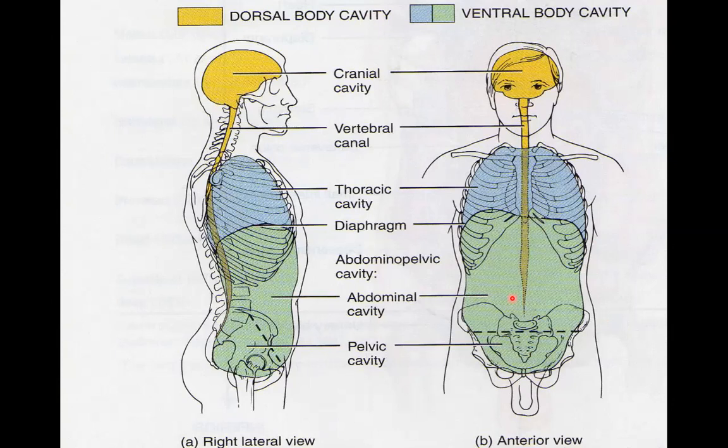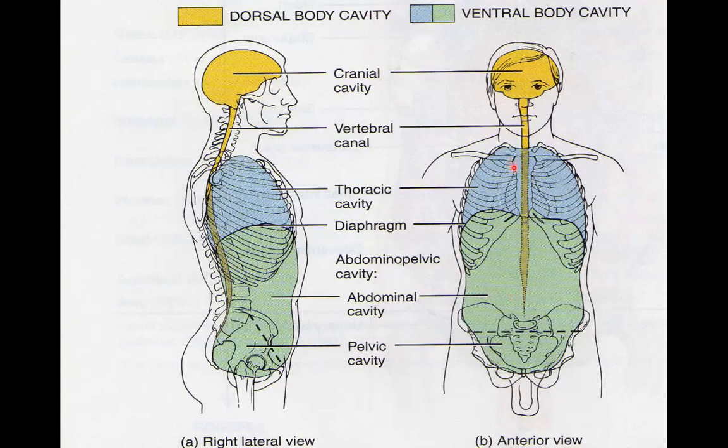Usually in between these two layers, there is a small potential space, and in it we find a few milliliters of fluid. Usually this fluid is used for lubrication, and it is secreted from the visceral layer.